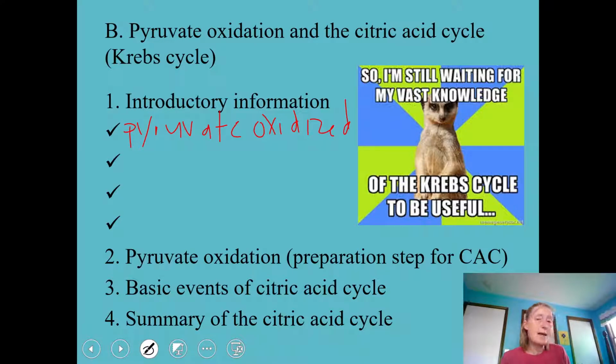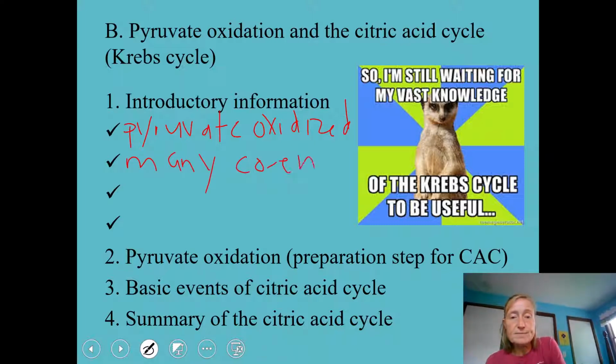In this process, many coenzymes or electron carriers are made. Those are NADH molecules. So basically, we make a lot of these little dump trucks with high energy electrons in them. So you can write this down: many coenzymes are made, or you can put electron carriers.